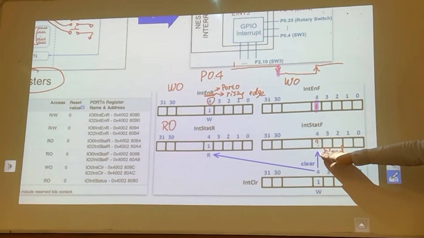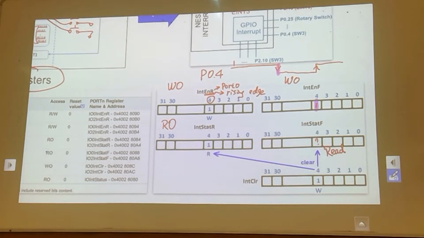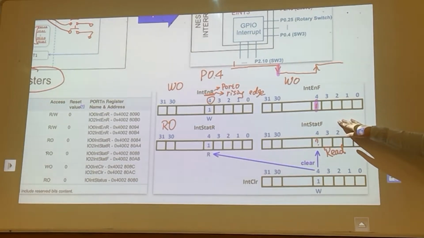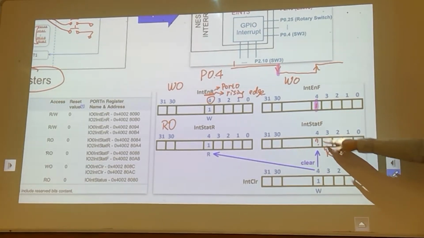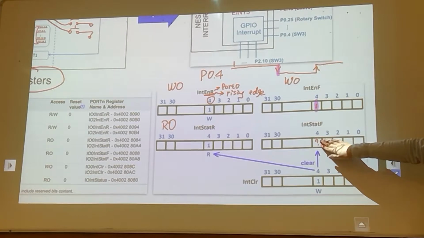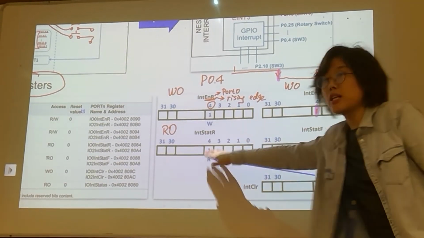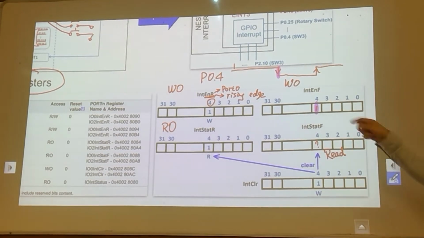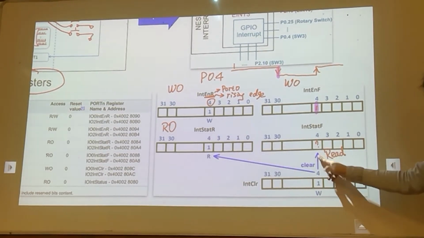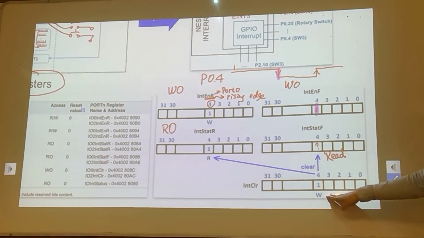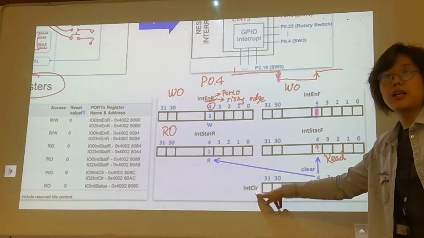But after you finish your task, after you turn on the light or play the song based on the button press, what do you need to do? You need to clear here and here. You need to clear both of these so that your system is ready to sense the second button press. That's why you need this register, interrupt clear.